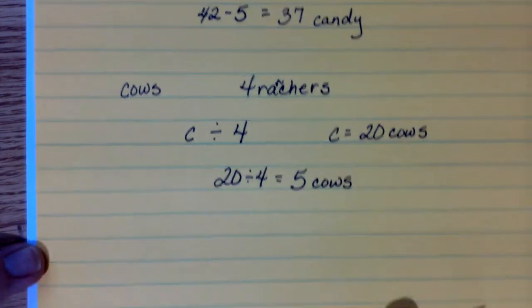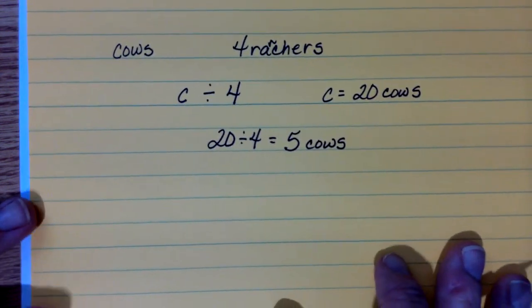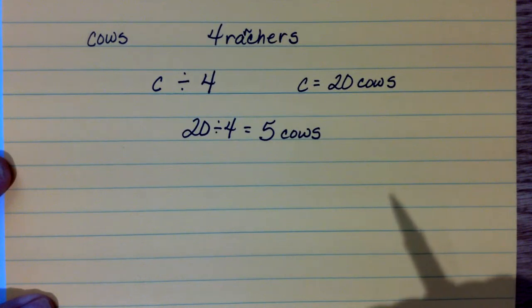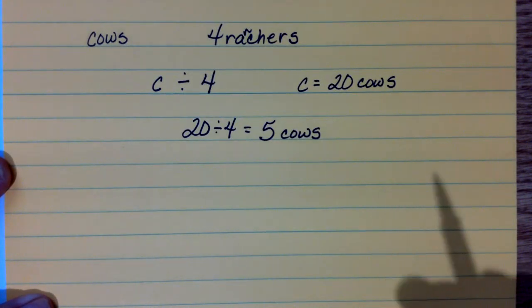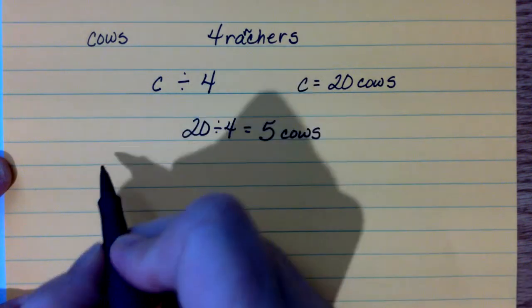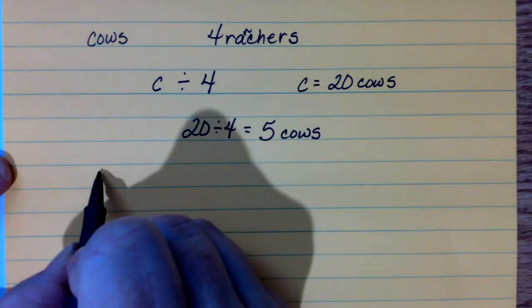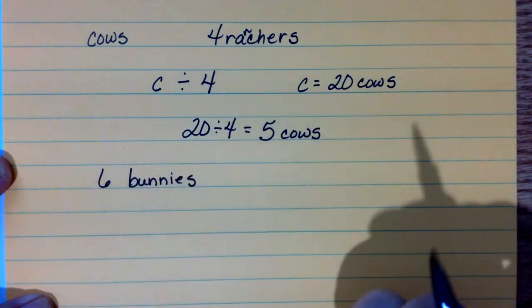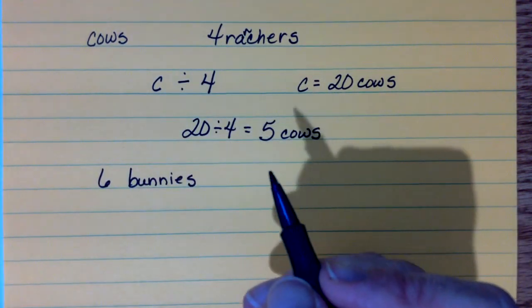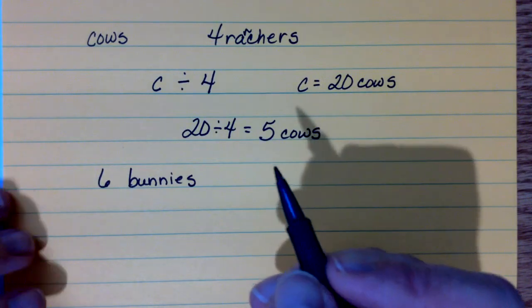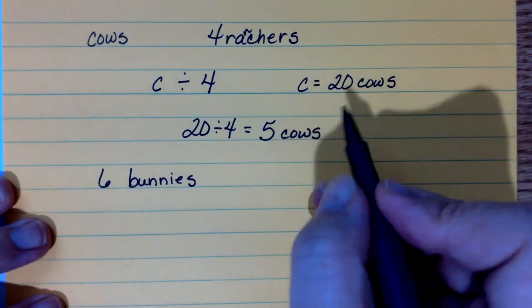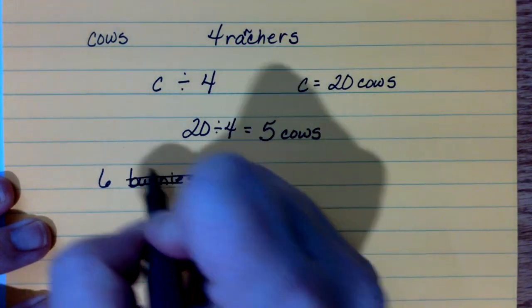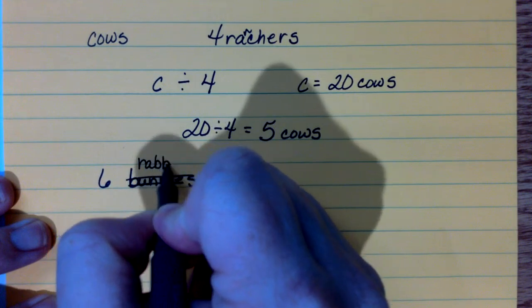All right, let's look at multiplication. Betsy had 6 rabbits.